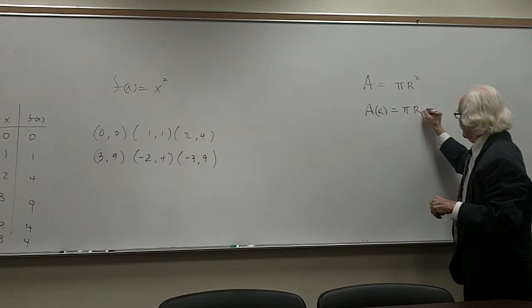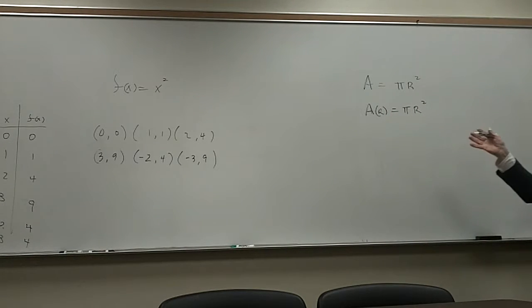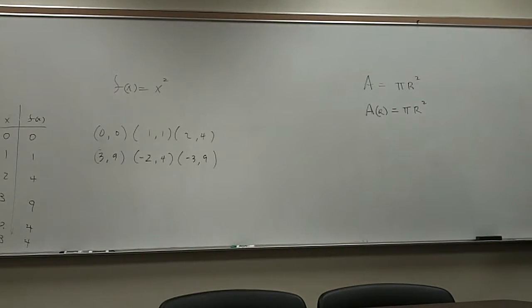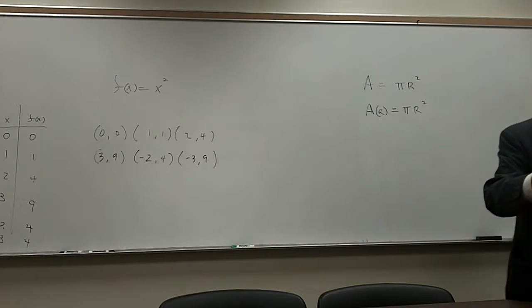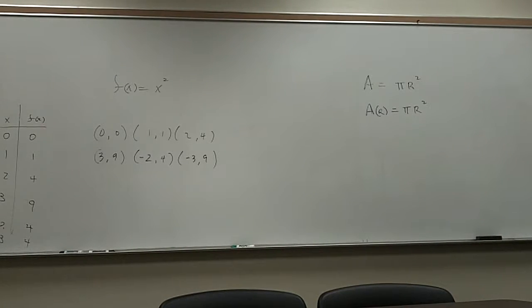Do you all see that? Very simple, right? Is that what I asked you to do? No. What did I ask you to do? Write it as a function of the diameter.